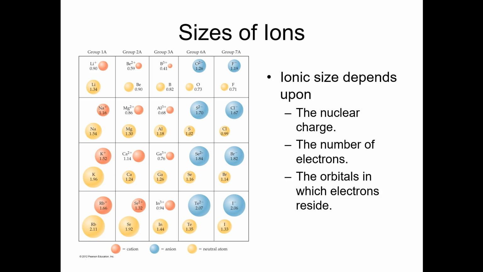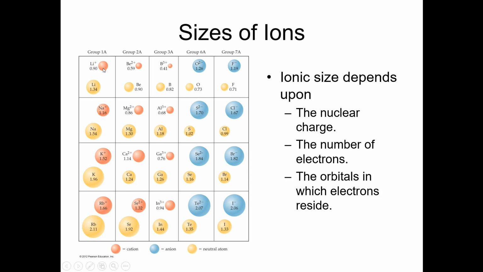We can also talk about the radius of an ion. And so the common ions of all the main group elements are shown here. And you can see something that actually makes a lot of sense, and that is when metals lose electrons to form cations, that makes them smaller. And it makes them smaller really for 2 reasons.